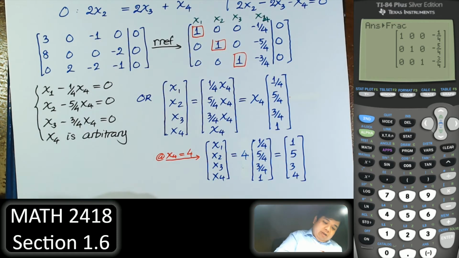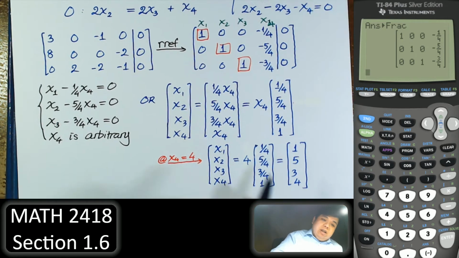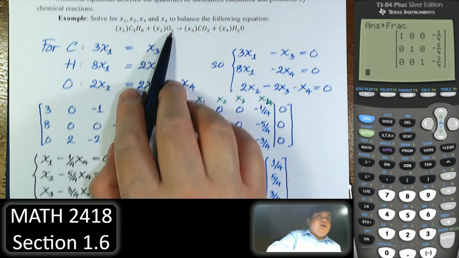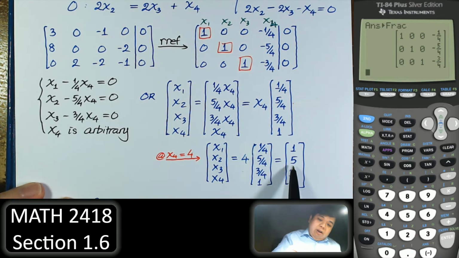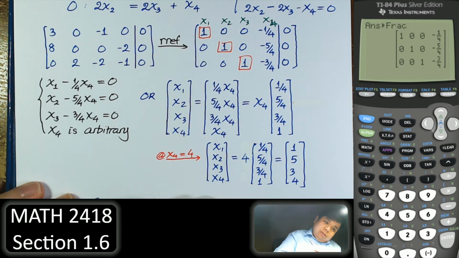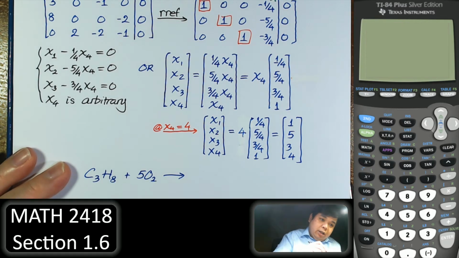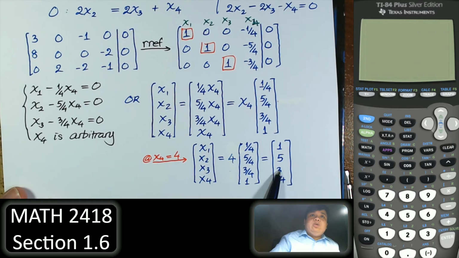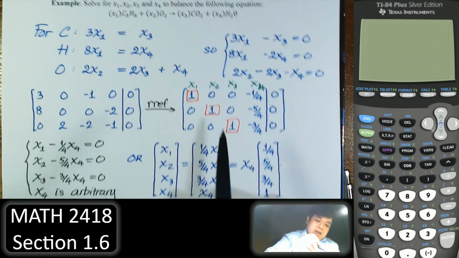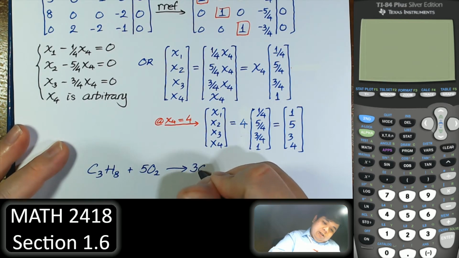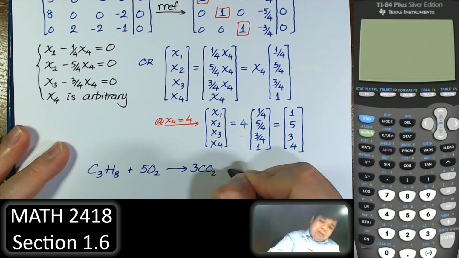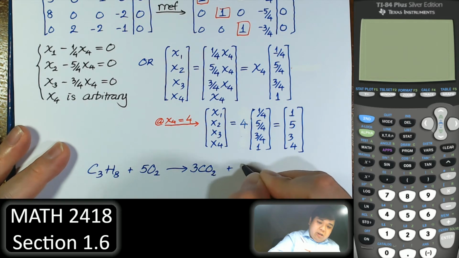So we're going to have C3H8 plus x2 times oxygen, which is 5, to produce x3, which is 3 carbon dioxide, and x4, which is 4 water.